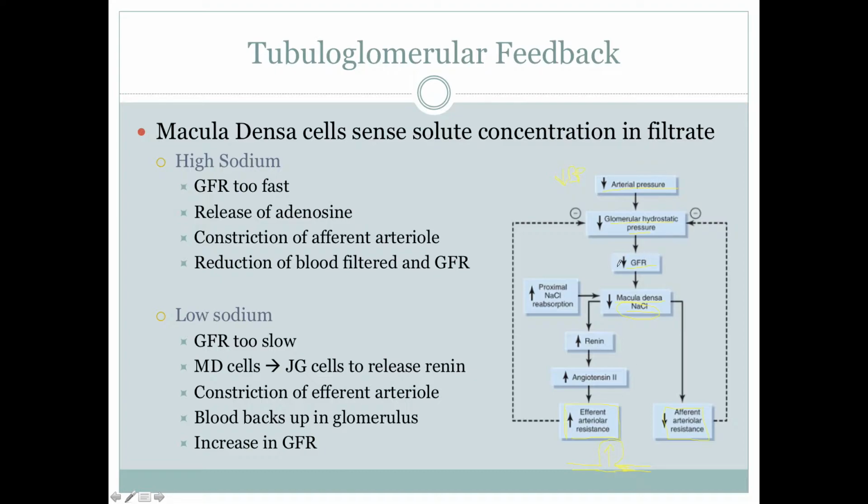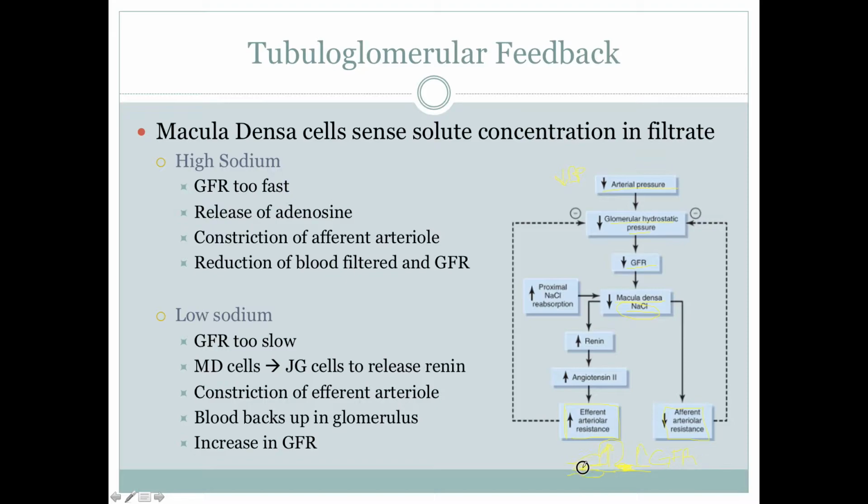Does that make sense? So if the GFR is down, we can constrict this efferent sphincter, raise the GFR. We can also lower the resistance of the afferent arteriole, meaning we can dilate the afferent arteriole, letting more fluid in. At the same time, we're constricting the efferent arteriole. That's going to increase the pressure and increase the glomerular filtration rate.